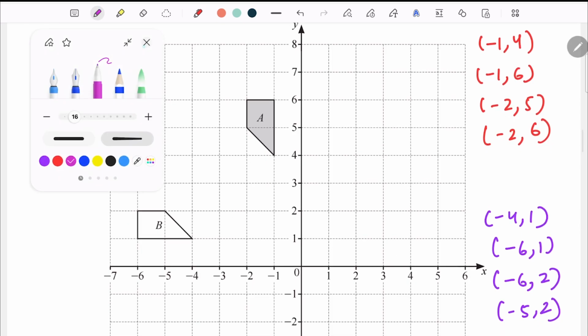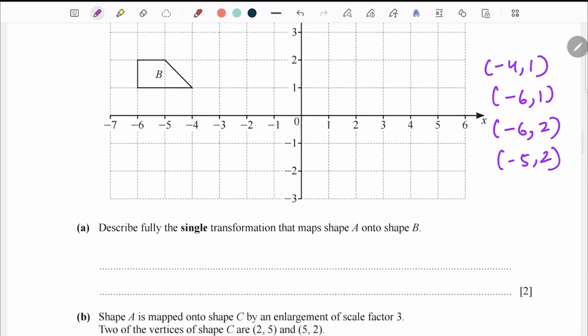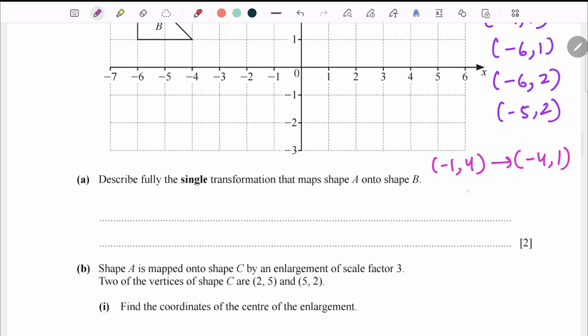For example, minus 1 comma 4 becomes minus 4 comma 1, which basically means that the magnitudes are being switched. So minus x comma y becomes minus y comma x. So the magnitudes of y and x are being swapped with each other.